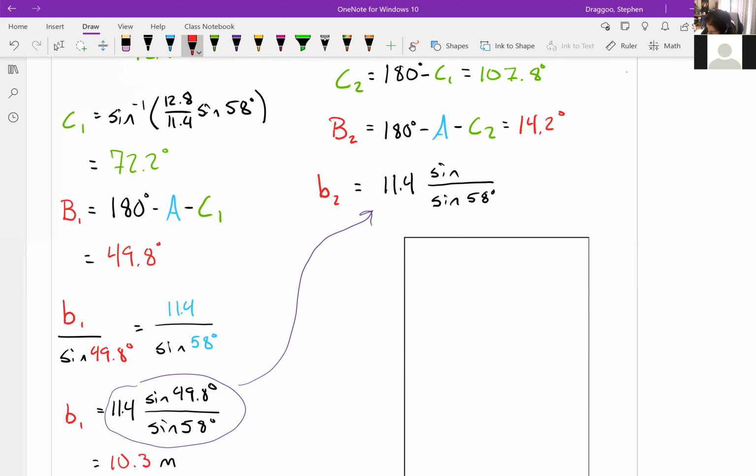The only thing that should be different between the two is this, not 11, 14.2 degree angle right there. That's the only piece that changes from my calculation from B1 to B2, because instead of using angle B1, I need to use angle B2. And all of my information about A remains the same because A was the given.